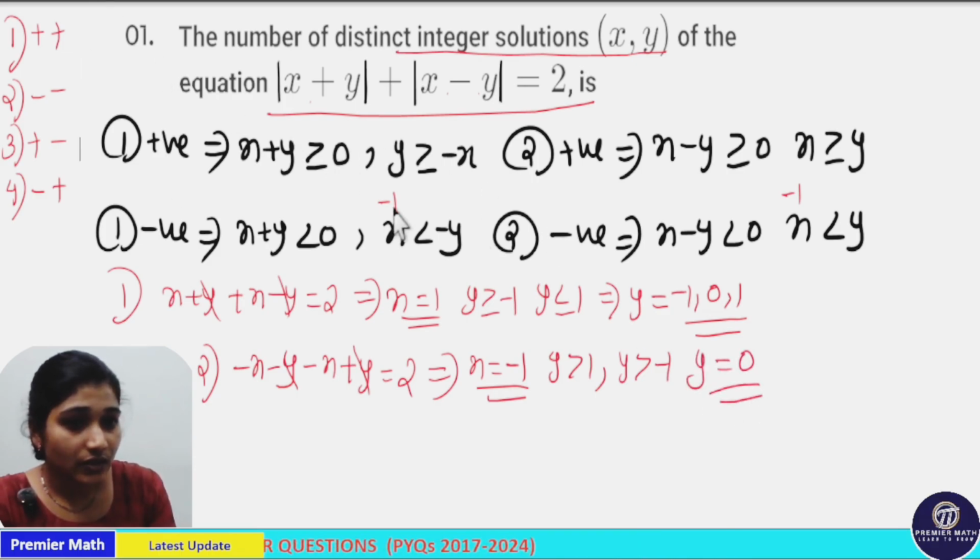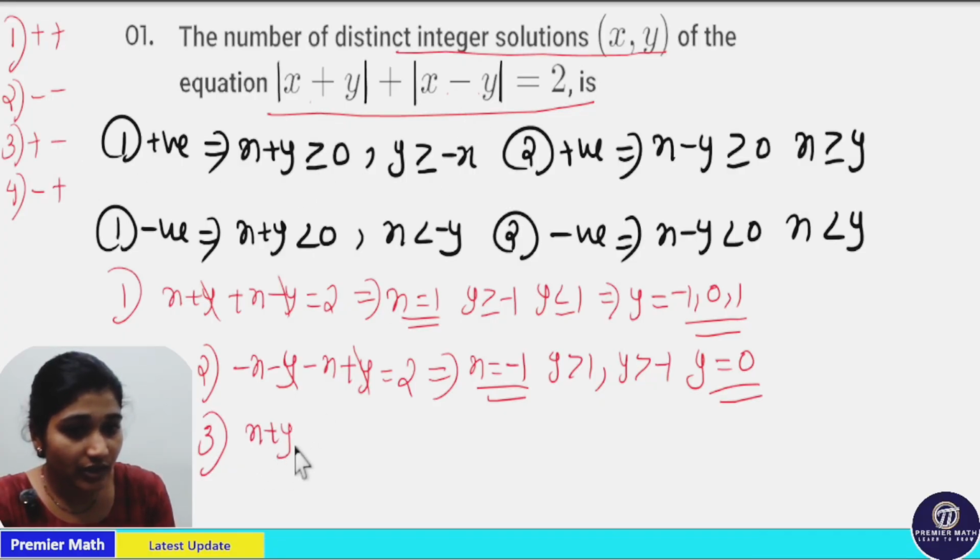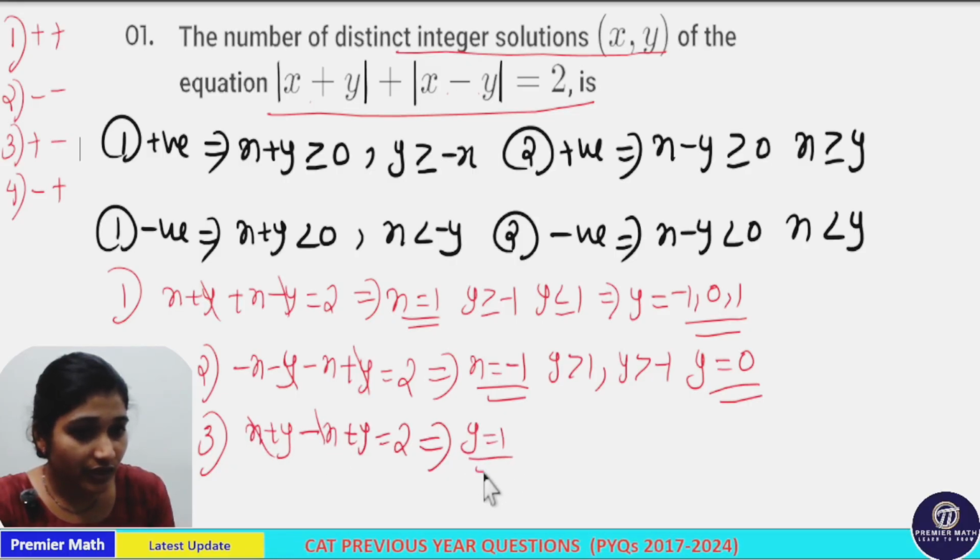Same way, apply the third condition. From the third condition, first one positive, second one negative. So x + y, minus of (x - y) means -x + y, which is equal to 2. Here, x cancels, 2y = 2 means y = 1.